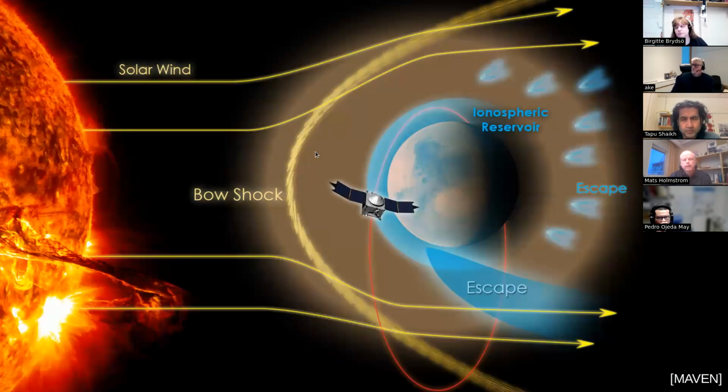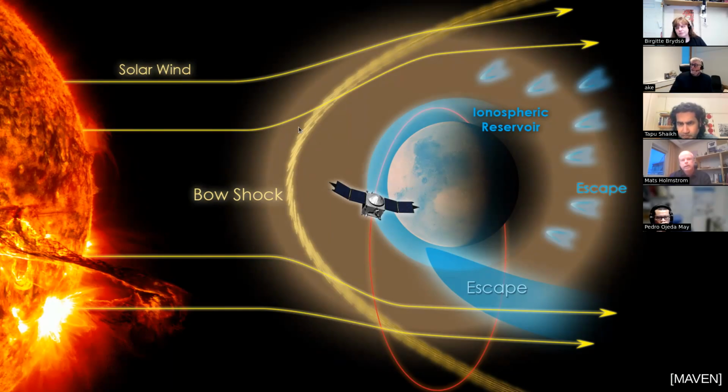And one way that water can escape from a planet is through interaction with the solar wind. So you have the sun to the left, and then you have the solar wind, which is mostly protons and electrons traveling at hundreds of kilometers per second. And wherever they encounter an obstacle like a planet, you will have an interaction.